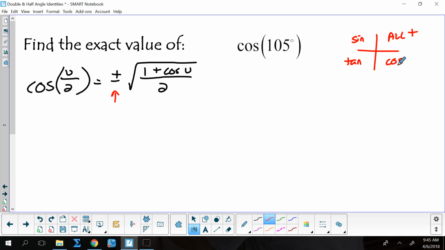Okay? Alright? So which quadrant is 105 degrees in? Quadrant 2. So is cosine positive in quadrant 2? No. Sine's the only one that's positive in quadrant 2. Okay? So our answer here is going to be negative. So I'm going to start with the negative sign.